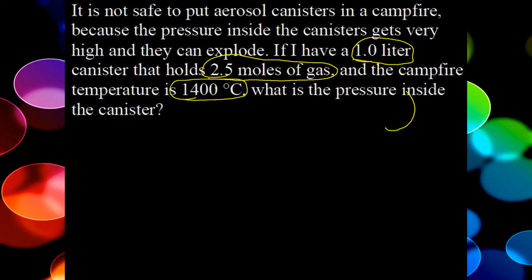That's not an unusual temperature for a fire. Fires can get really hot really fast. We are looking for the pressure. Now I'm going to make my little chart here. So I've got P, V, N, R, and T.